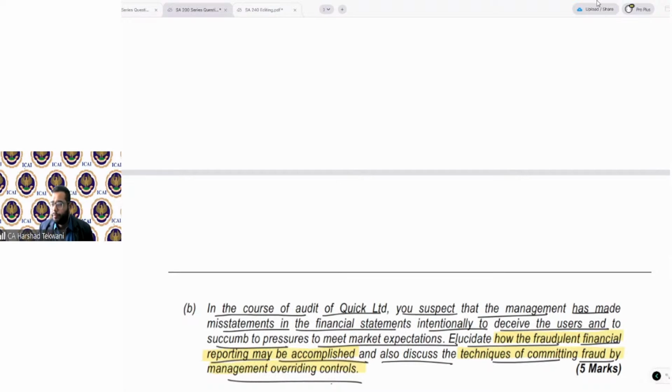Absolutely correct. The answer is pretty simple. Trust me. Correct, Namrita. Come on, guys. Now, how can I do fraudulent financial reporting? Simple. Or what can management do?